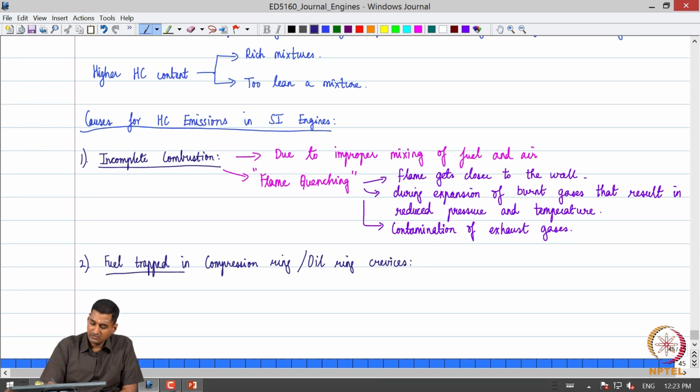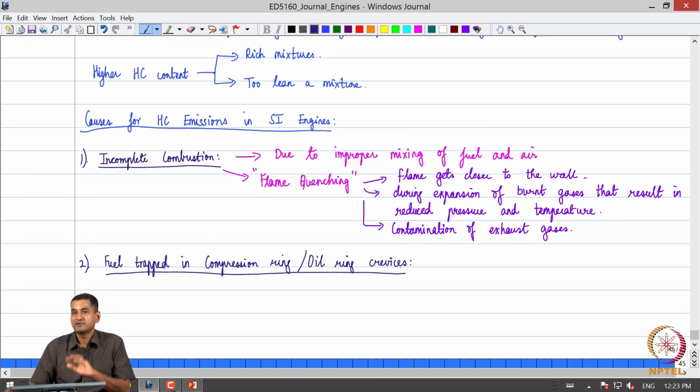So, as we have already seen, a compression ring or a piston ring provides a seal, and an oil ring is also installed on the piston periphery. Although these are carefully manufactured and assembled, we still have small crevices, and the fuel air mixture is forced through these crevices during the compression stroke.